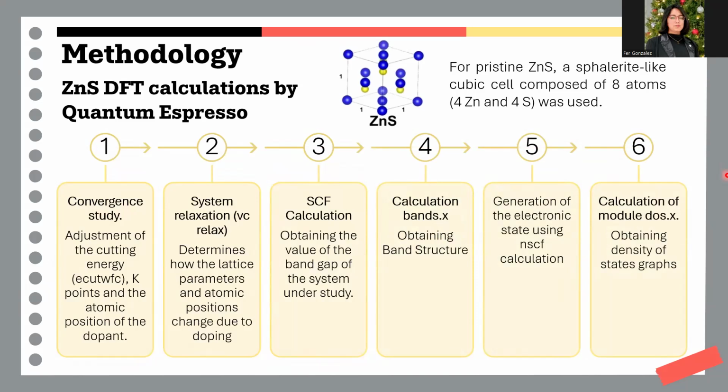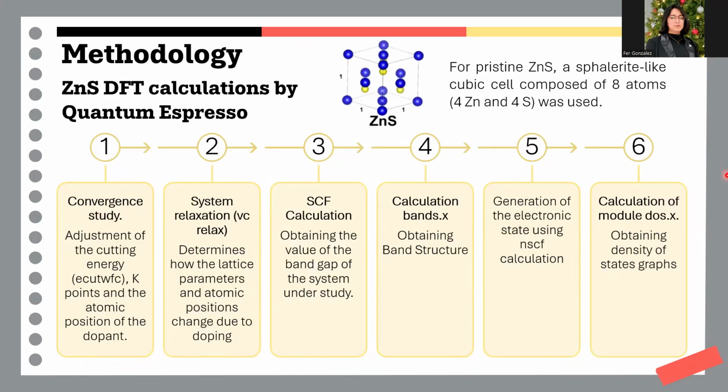But first, it is important to say that a sphalerite-like cubic cell composed of 8 atoms was used for pristine zinc sulfide calculations.